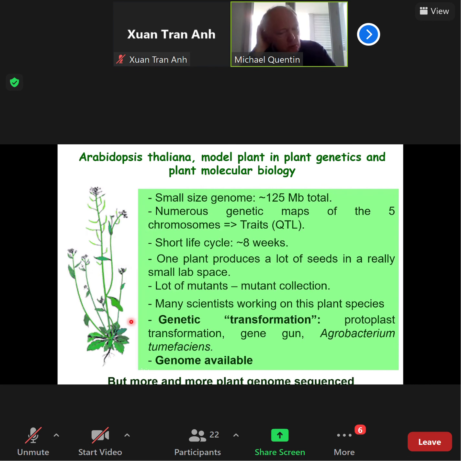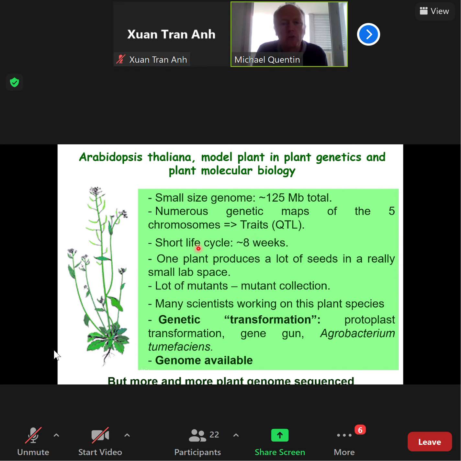I want to say a few words on model plants. I told you, most probably Arabidopsis thaliana is for sure the most used plant for functional genomics. Why? Because it has a small genome. The genome is fully sequenced. The life cycle is really short, 8 weeks maximum.